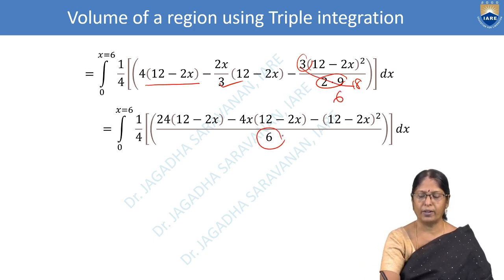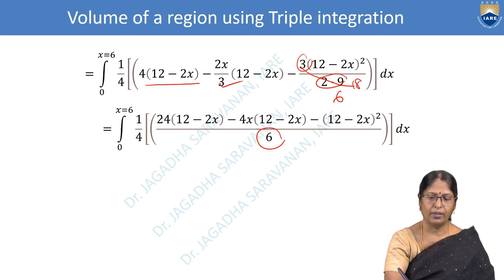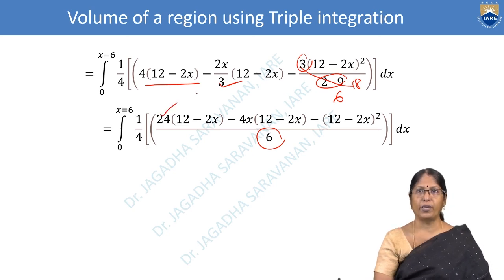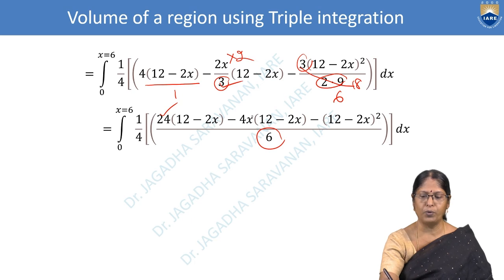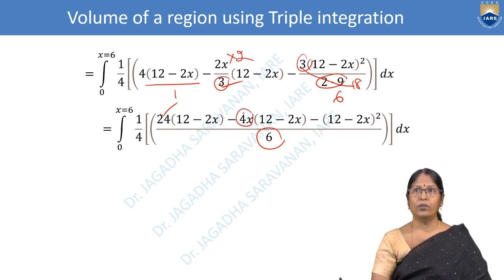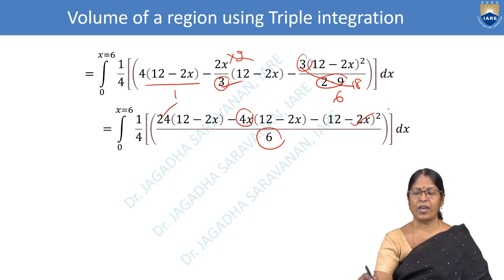That's why we have taken the LCM 6. Here 1 is there, here 3 is there, this term is multiplied by 2 and it has become 4. This term is written as it is. So we have taken the LCM.